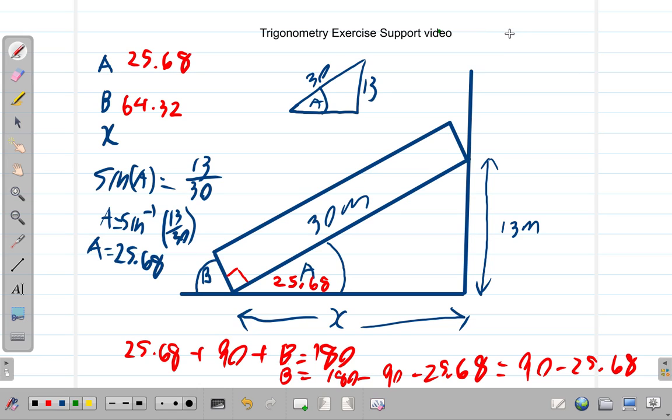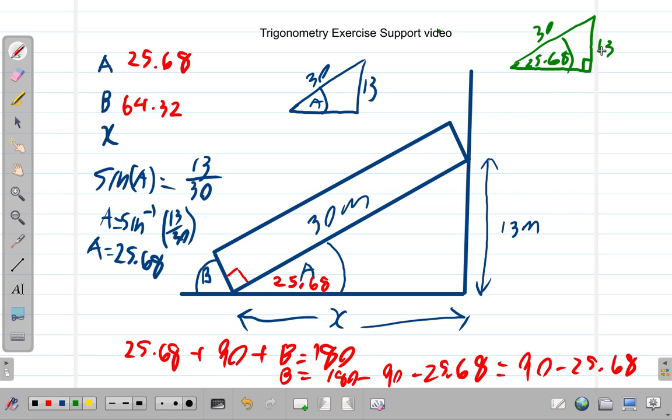Now you want the length X. If you consider going up here, down and back, it is a certain triangle, where this angle is at 25.68 degrees. This is a right angle, because this is the wall going straight up, and this is 30, and you have this 13 too. You don't even need the angle.